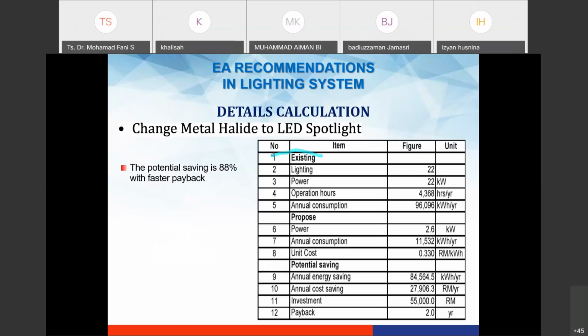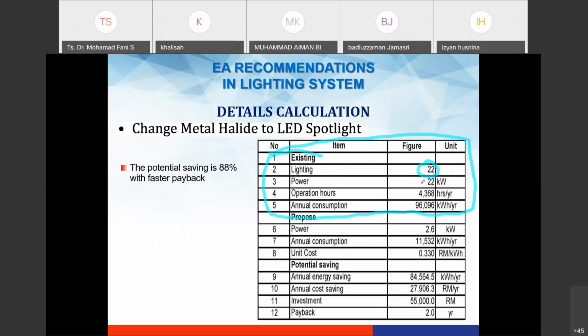Existing. So this one, the existing lamp, a conventional spotlight. The number of existing lamps is 22. So we have 22 units of the lamp.